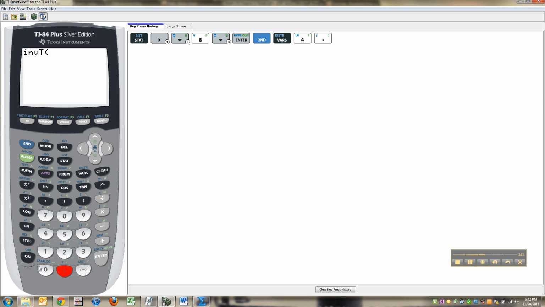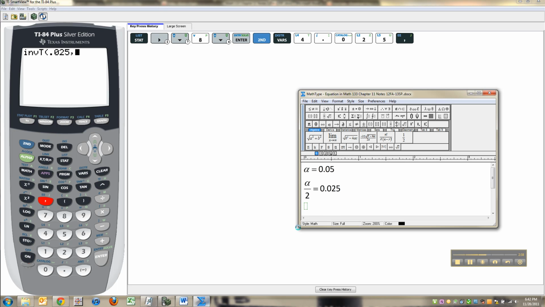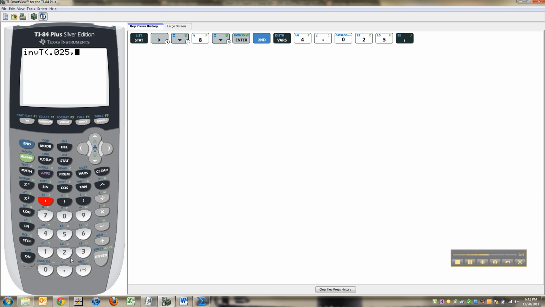You can say 0.025, comma, degrees of freedom, which in my case was, oh, I gotta go remind myself. Oh, there it is, 32. 32 take away 1, so 31. Oopsie, in the wrong thing. There it is, 31. Close parentheses, enter.